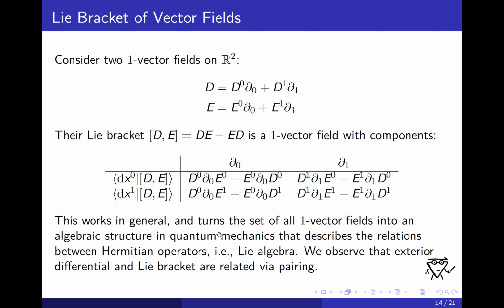And thus, this turns the set of all one-vector fields into an algebraic structure, which in quantum mechanics describes the relations between Hermitian operators, i.e. a Lie algebra. We observe that exterior differential and Lie brackets are related via pairing.